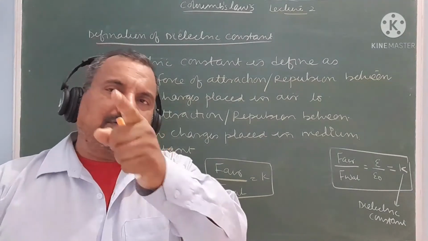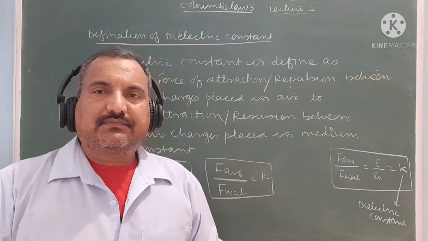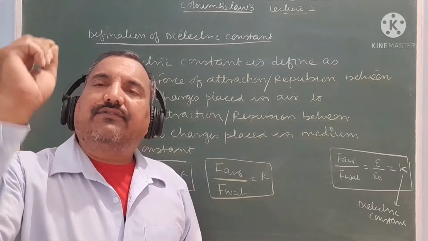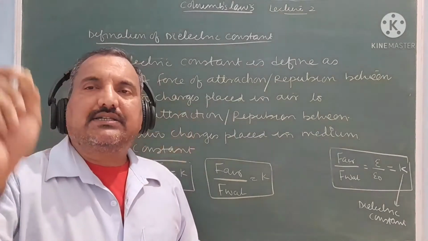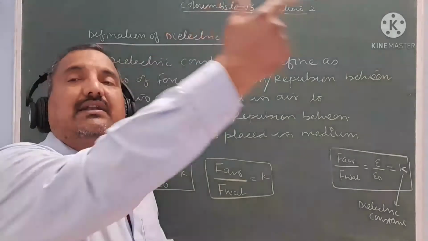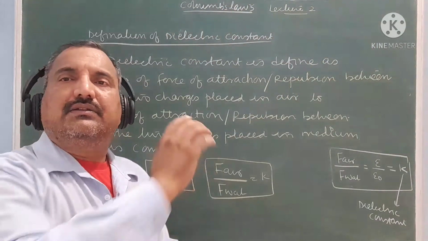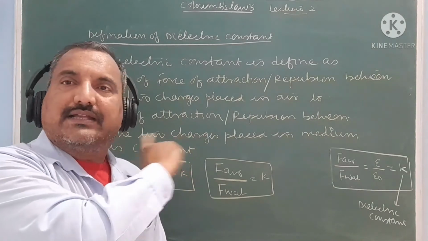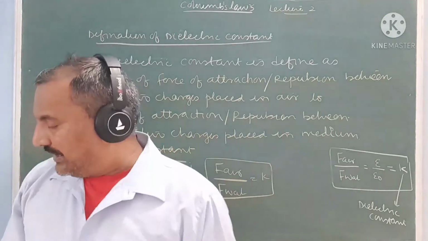Now coming back to the same question from where we started: what will be the effect on the force when the two charges are placed in a medium, and before that, when the charges are placed in vacuum or air?